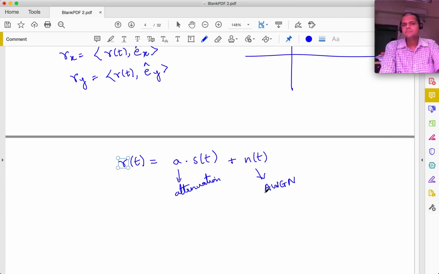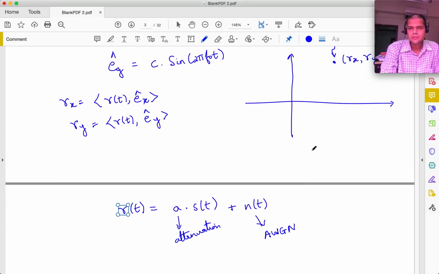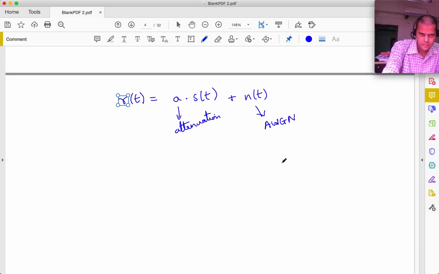Okay, so this Gaussian noise has some particular characteristics, and one of them is that when you plot the noise over here in this vector space, it's going to have certain x and y components, each of which is a random variable given by a Gaussian distribution. So we'll just write that down. What is Rx going to be?